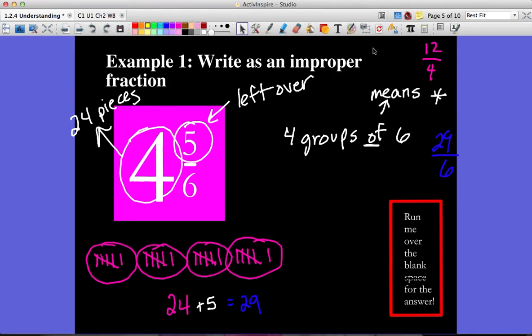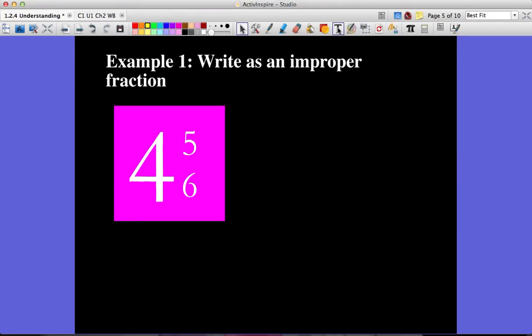So if we understand all of this, we can clear everything that's on here. And we can say that 4 groups of 6 tells me that I should multiply the denominator times the whole number, and I get 24. And then I should add whatever I get from that with the numerator.